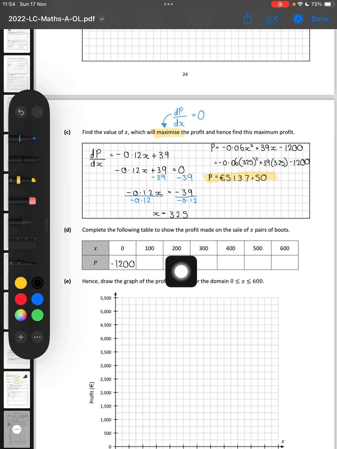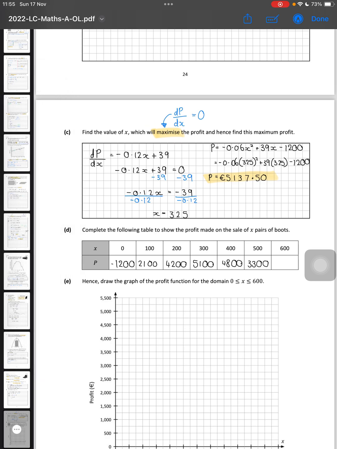If you sell 100 pairs of boots, you are making a profit of 2,100. 200 pairs of boots is 4,200. Then 5,100. 4,800. 3,300, and then 600 at 6.